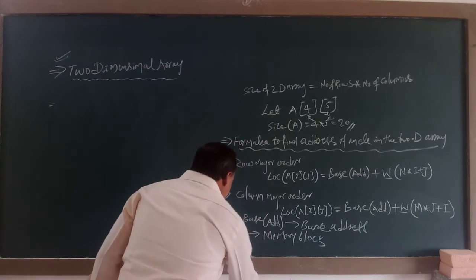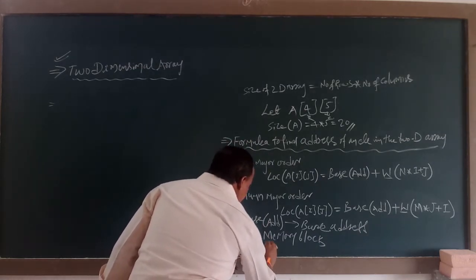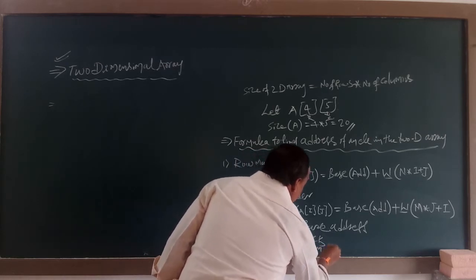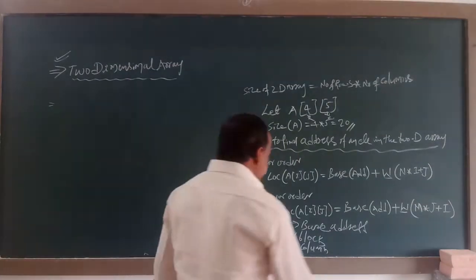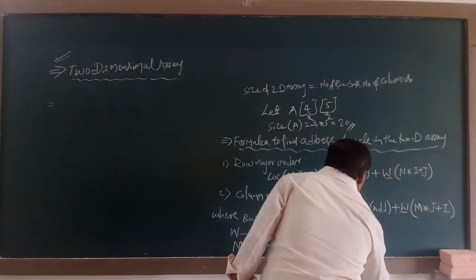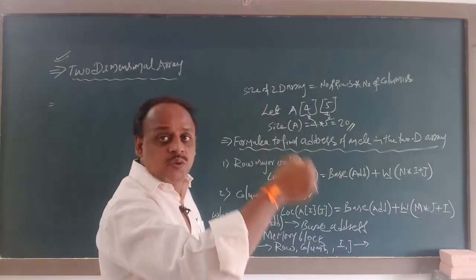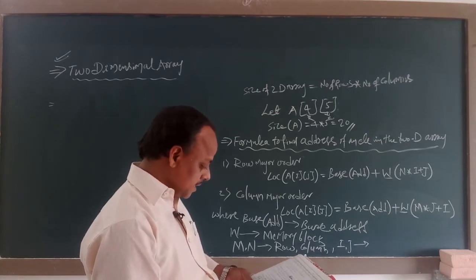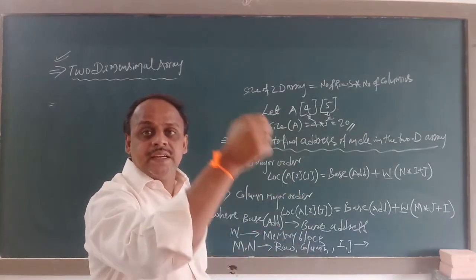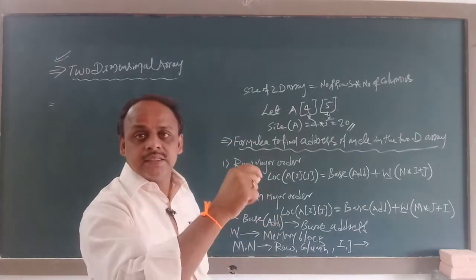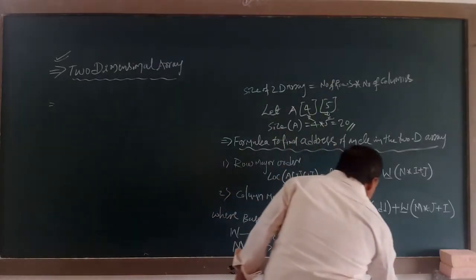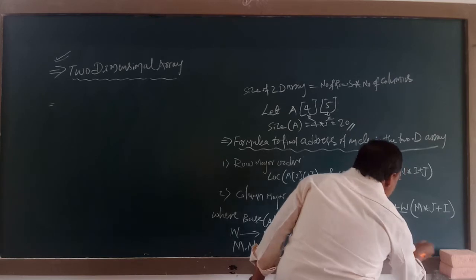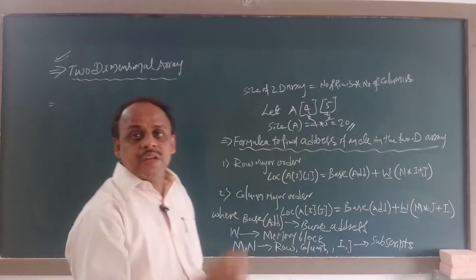And m comma n represent what? Row comma column. And this I comma j represent what? Subscripts. That is, they represent which element's address we have to find: subscripts to find the address of the location.